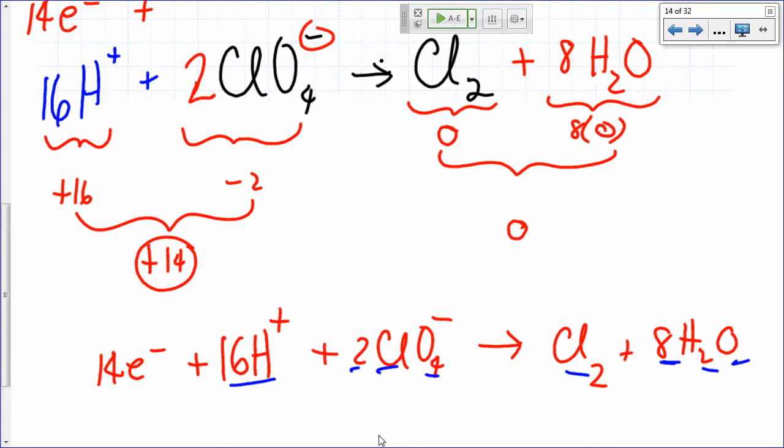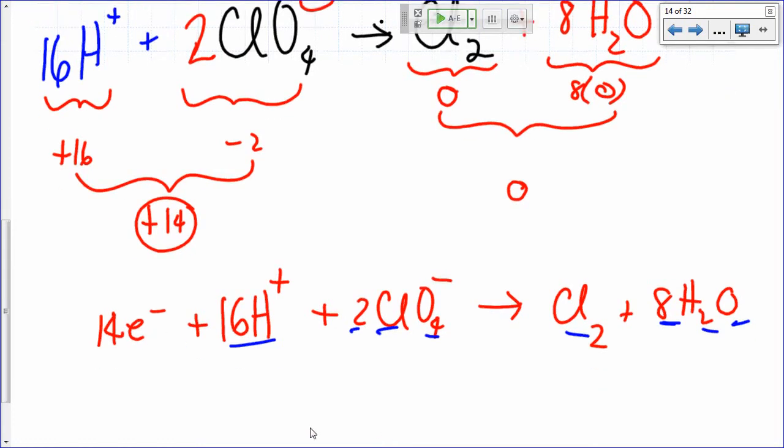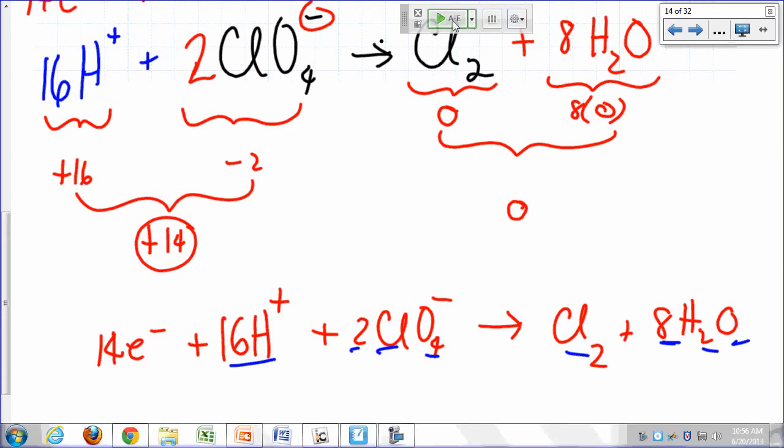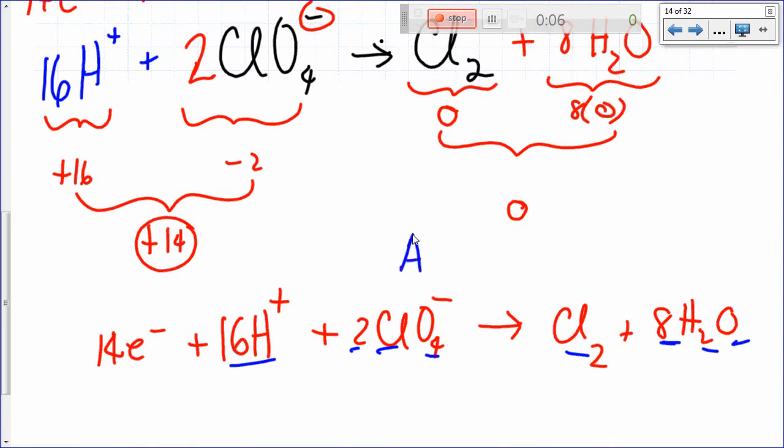Now, let's verify the electrons lost. By the way, is this reduction or oxidation? Let me just do a quick check. Is it A, reduction, or B, oxidation? See if you remember.